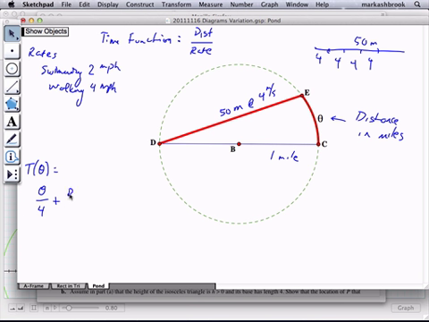So length DE over 2. And by DE, I mean the length from D to E. Are we done? Danny? We need DE in terms of theta. Okay, good. So we need DE in terms of theta. So we're kind of far from done here. We need to get this length in terms of theta.